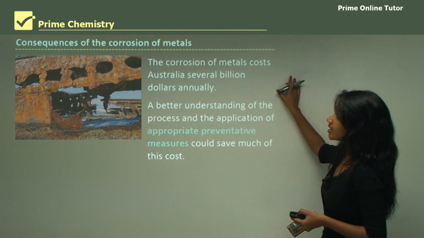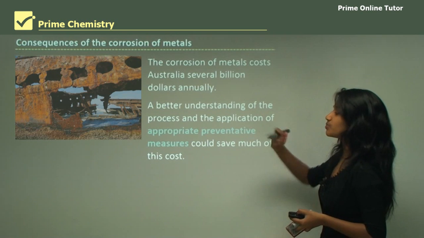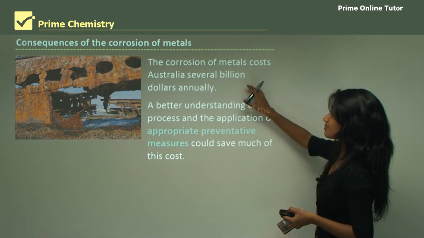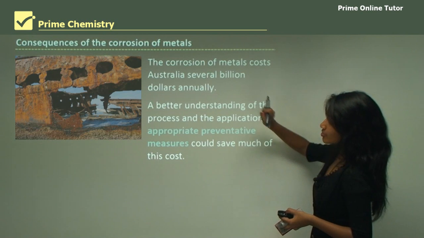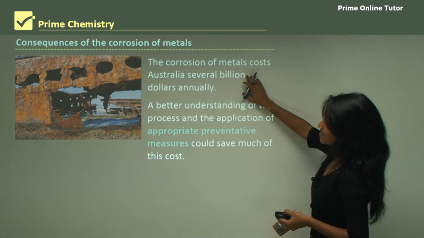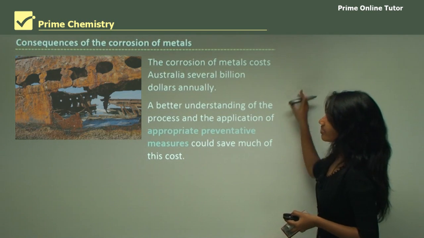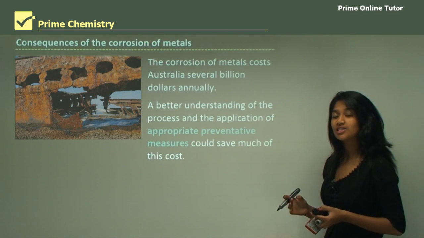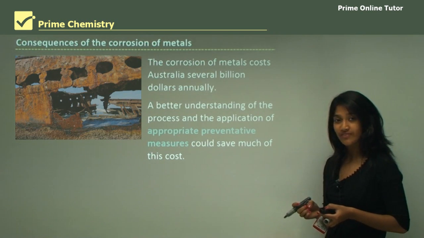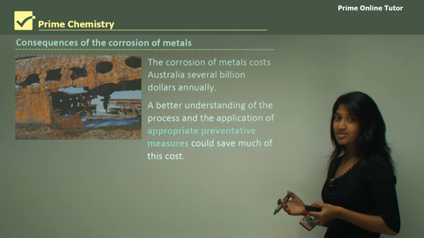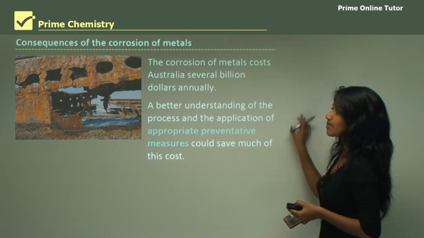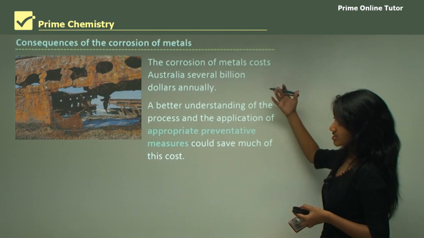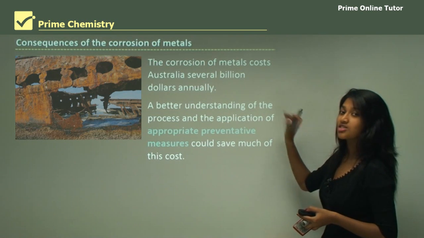And this is something you would write for your extended response, where they're asking for social or economical disadvantages or effects of corrosion of metals. You would provide this as your answer, talking about Australia and its economical disadvantages due to corrosion.